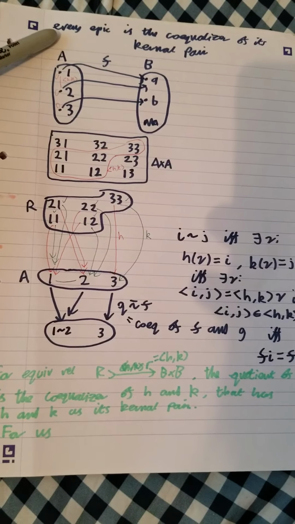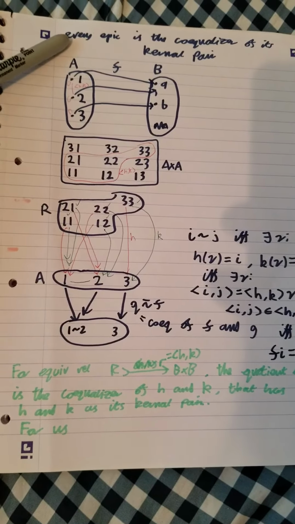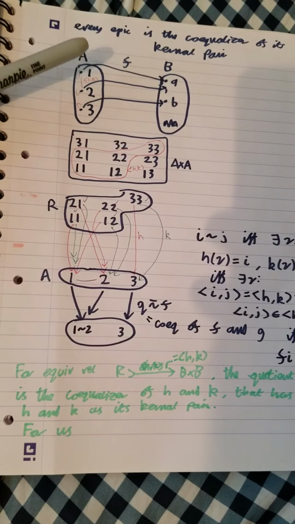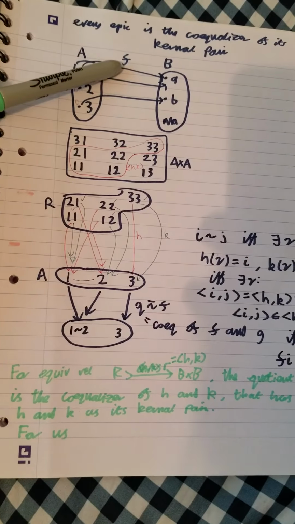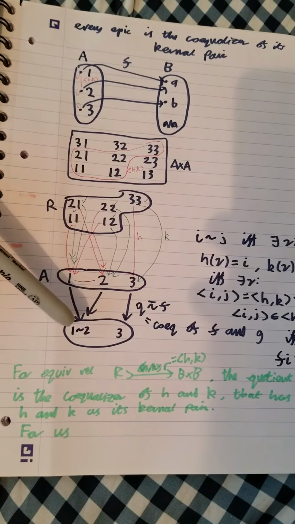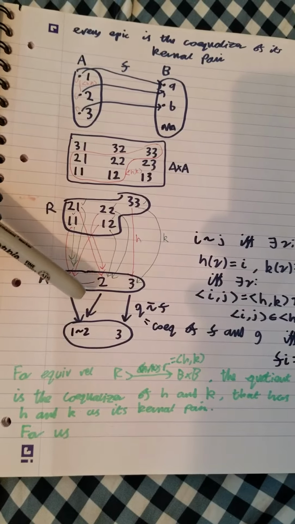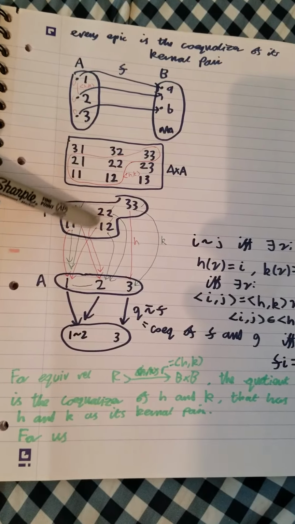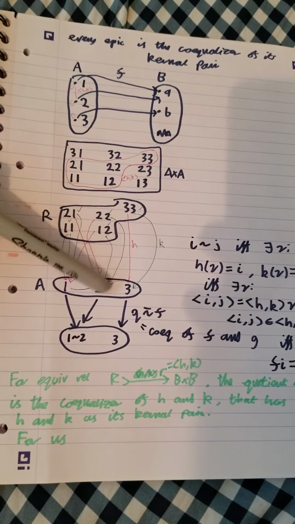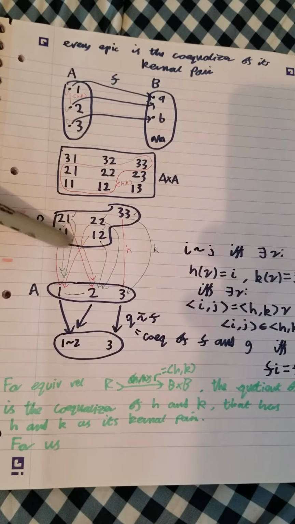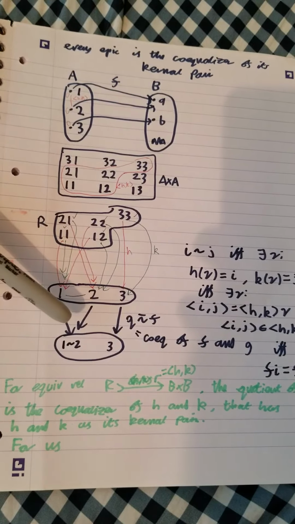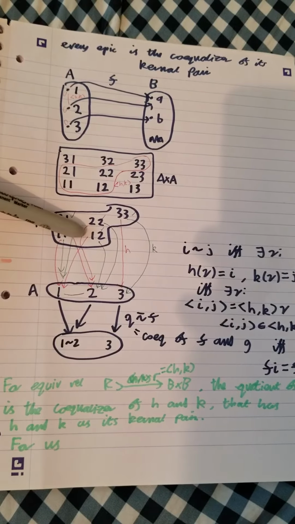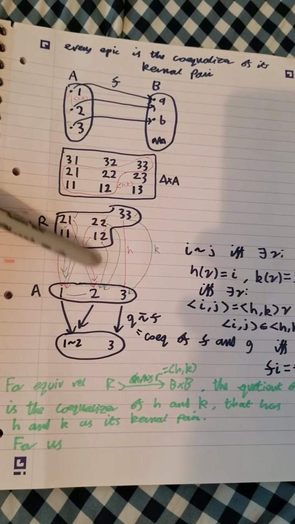So one of our results for toposes is that every epic is the co-equalizer of its kernel pair. So here's an example of this. Here we have this epimorphism f, and if we work out its kernel pair, here it is, drawn out as these parallel arrows, then we work out the co-equalizer of this, we'd be joining 1 and 2 because there's stuff like 1, 2 here that makes both of them.